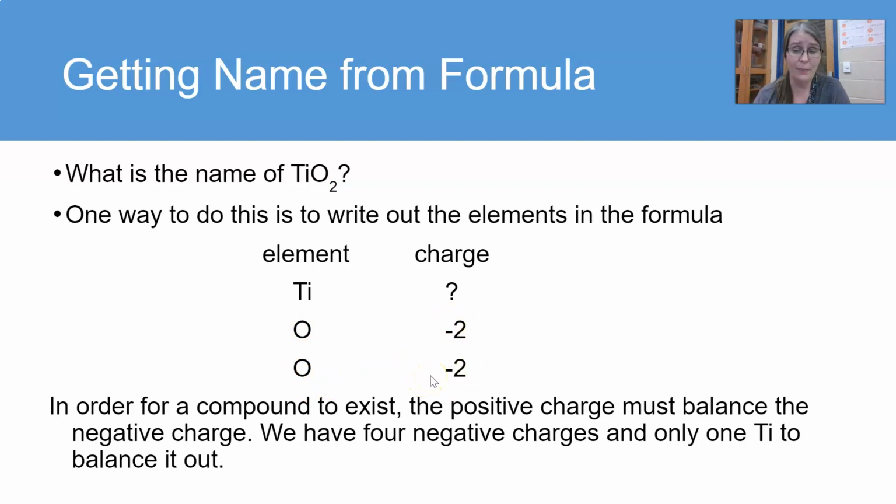So I could even think about this as an equation that says X - 4, because -2 and -2 is -4. X - 4 must be equal to 0 because the positive charges must balance the negative charges. We have 4 negative charges, and the only way to get a positive charge is off of that titanium. So if X - 4 equals 0, then X had better be +4.